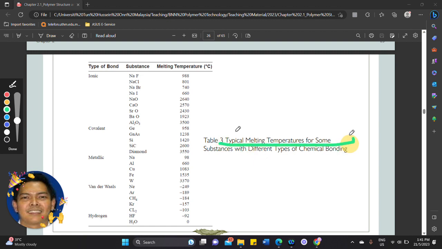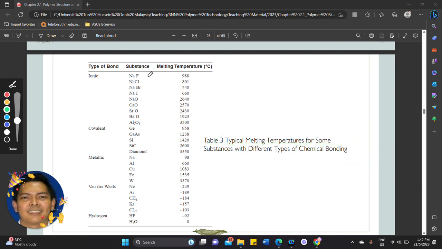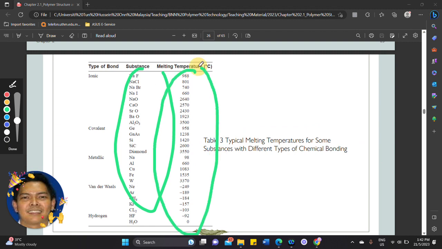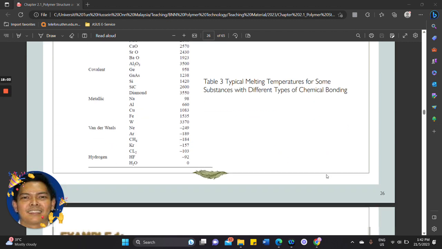Table 3 exhibits the typical melting temperatures for some substances with different types of chemical bonding, so you can make a comparison of melting temperature based on chemical bonding, as shown on the left-hand side: covalent, metallic, van der Waals forces, and lastly hydrogen bonding.